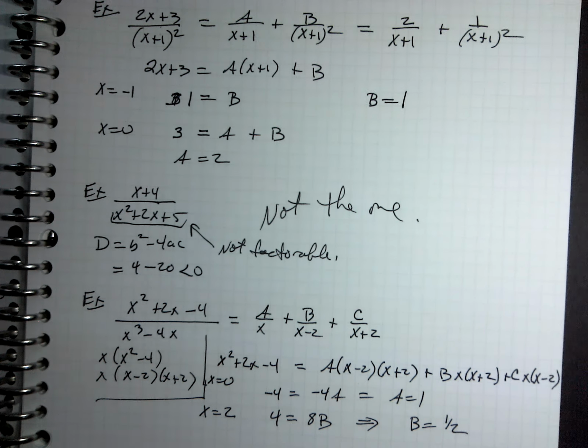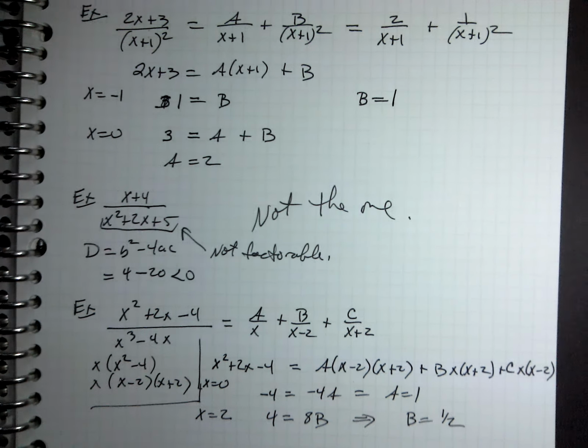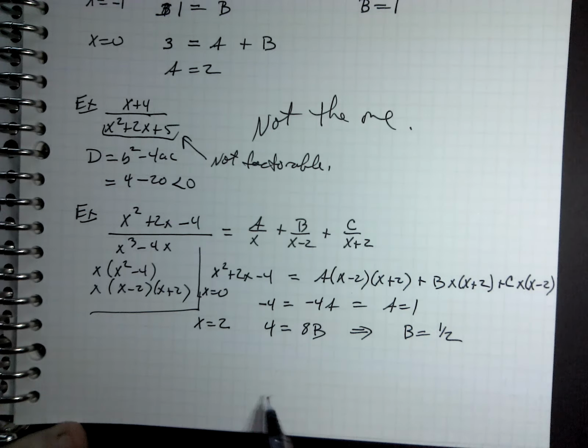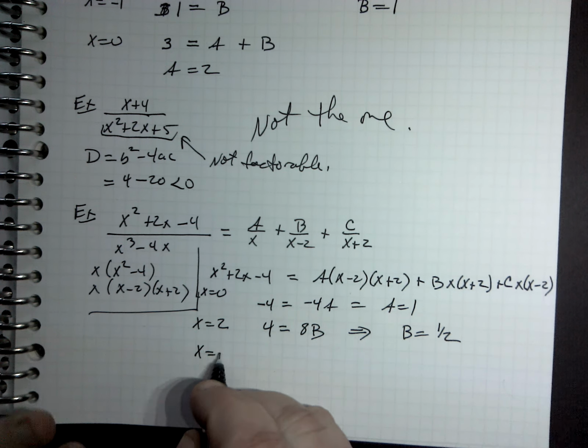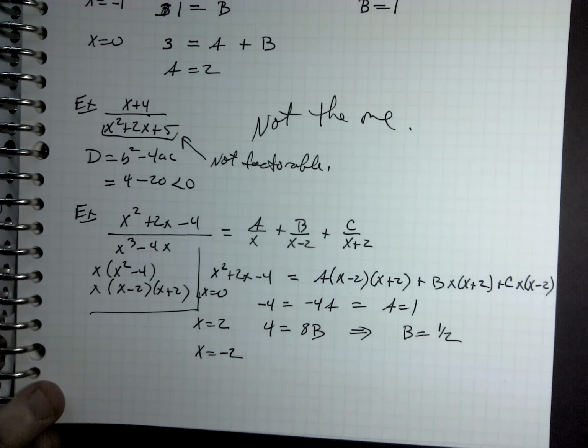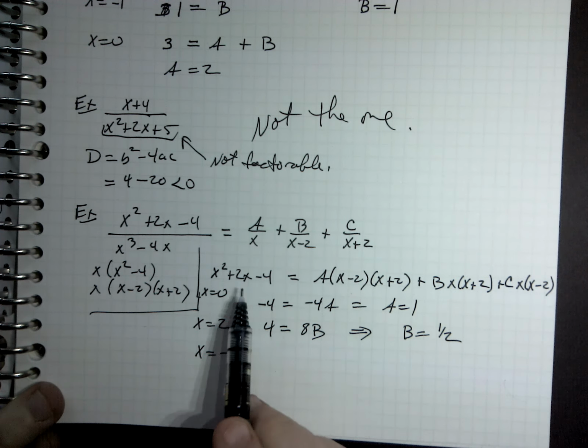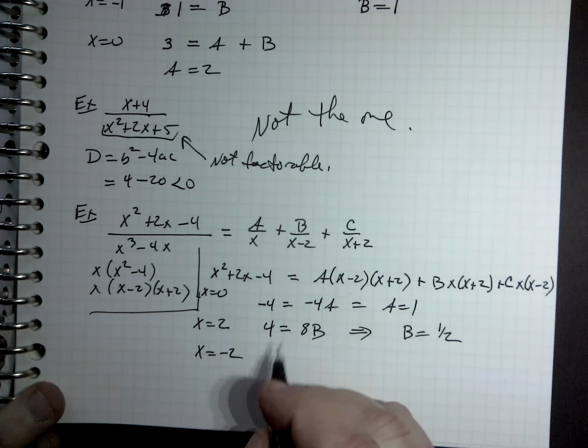Oops, give myself some more room, spill my soda. One last one, let x equal negative 2. On the left, I've got a positive 4, negative 4, negative 4. I have a negative 4 on the left.